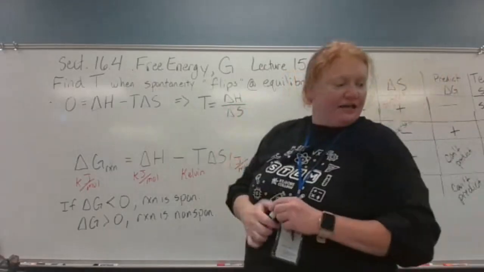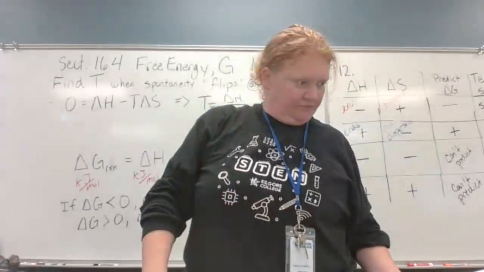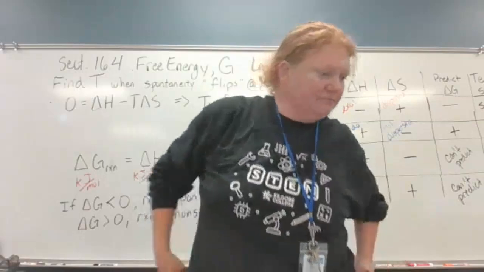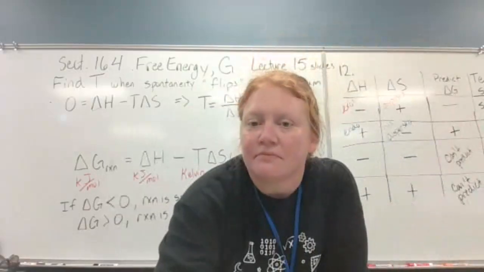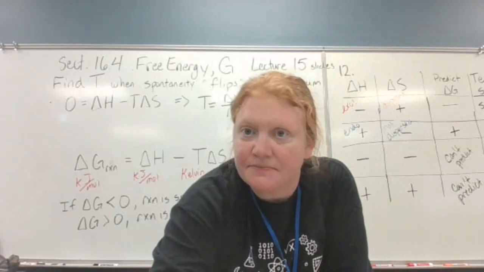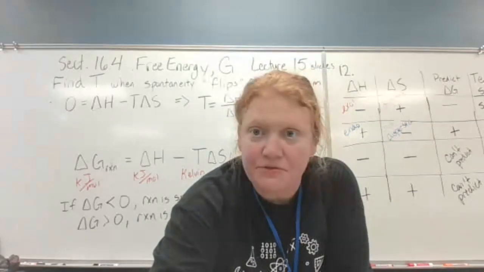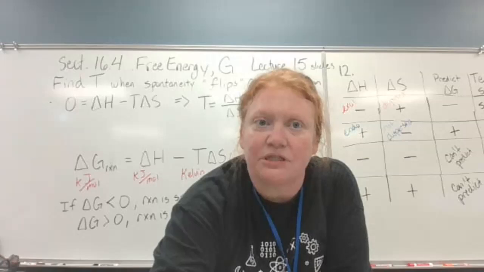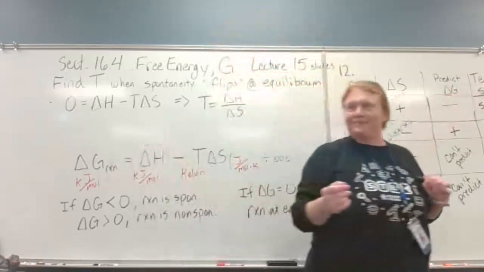Okay. Look at number 15. Here's a reaction. And I went ahead and gave you number values for delta H and delta S so that we can do math, right?